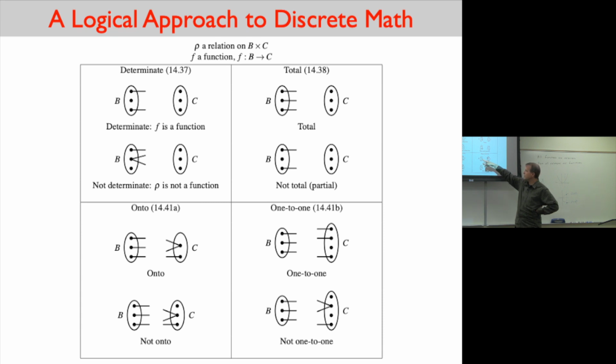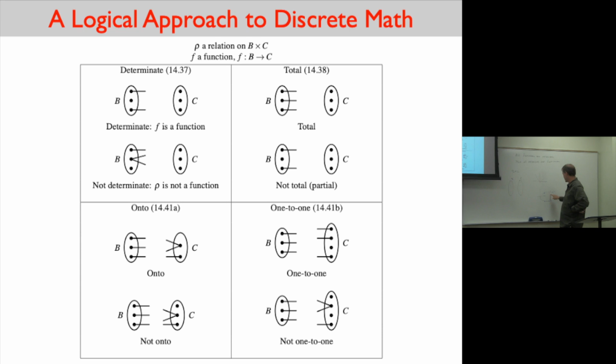And so now, do you see that on the top one in the determinate quadrant, it's determinate if the one that comes from B goes to C, and the other one that comes from B goes to C, because B is the first element. See, B is the first one, right?